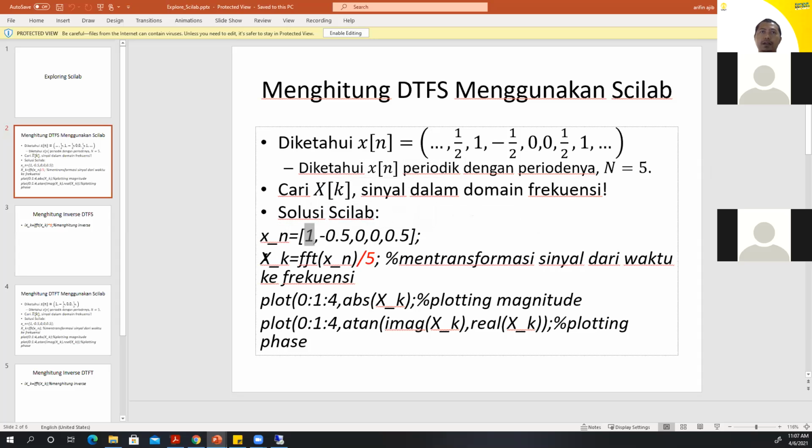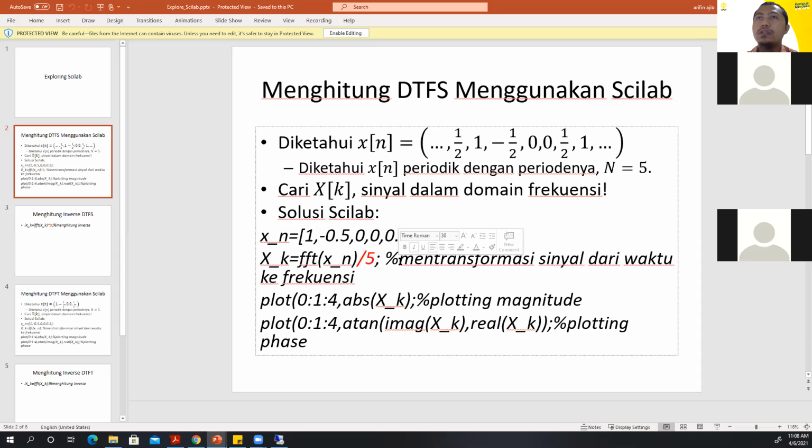And then the xa, the signal in the frequency domain, you can see this is using the syntax FFT. This is FFT, the fast Fourier transform. The input is x[n] divided by 5.